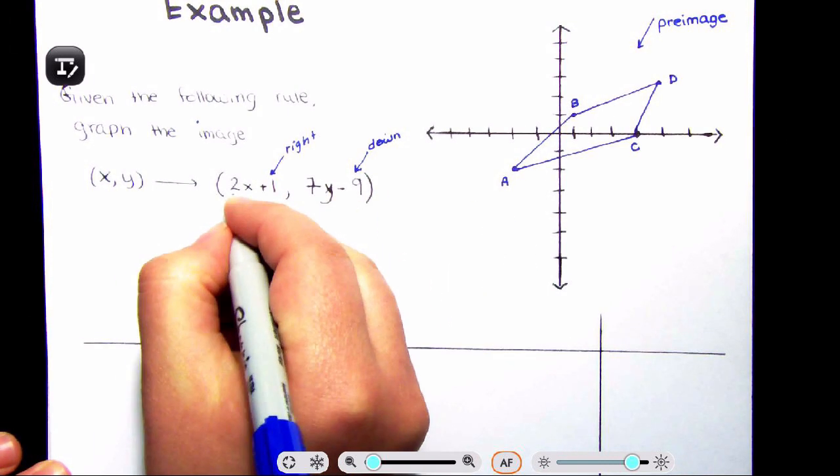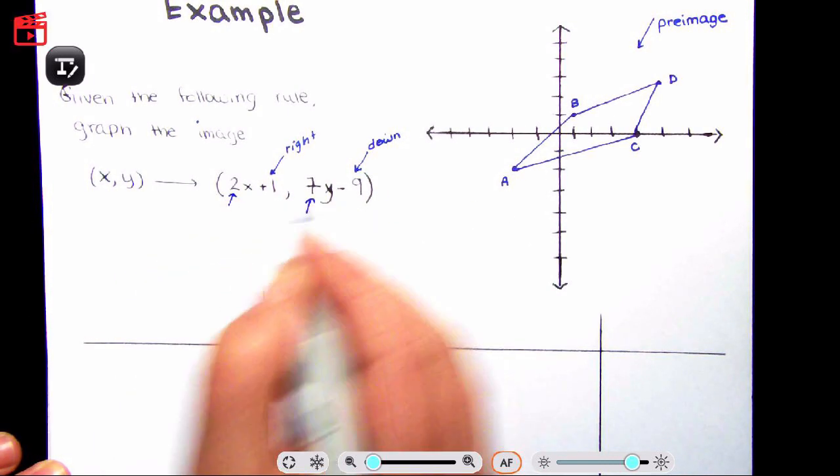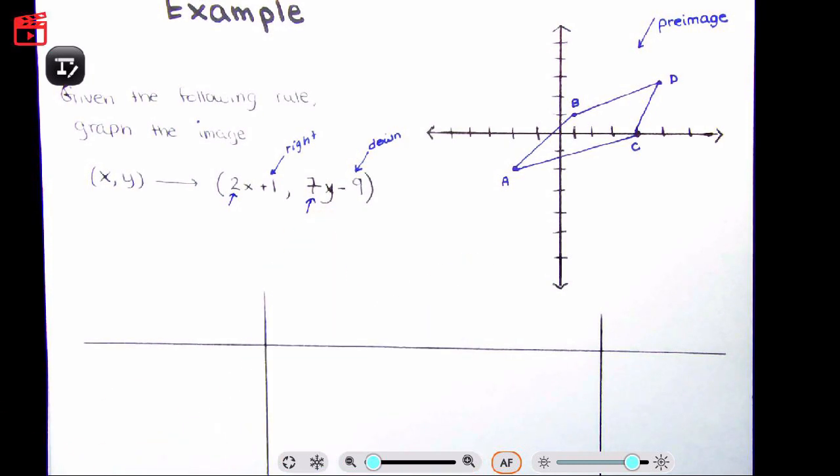Now notice that I'm multiplying by a 2 and then by a 7. So it's not the same multiplier. It's not the same number being multiplied by X and by Y. So that means I don't have a dilation. I have a transformation because the image will look different than our before. That's okay. I just wanted to clarify that.